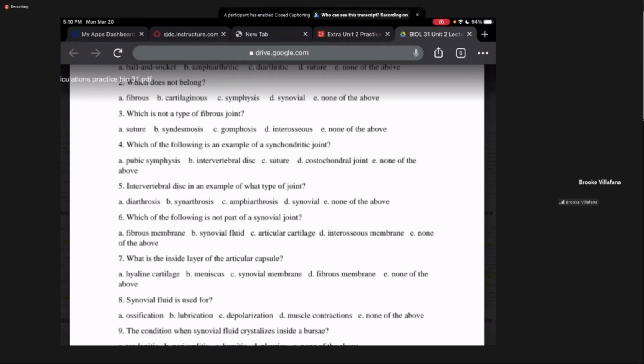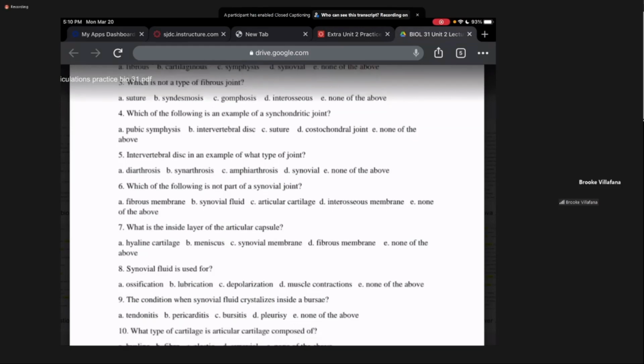Which of the following is an example of a synchondritic joint? Oh, sorry, 5. Intervertebral disc is an example of what type? If you said amphiarthritic, that would be right. Remember that an amphiarthritic joint just moves a tiny bit. An intervertebral disc is a symphysis joint, and it moves just a tiny bit to absorb some of the impact when you walk.